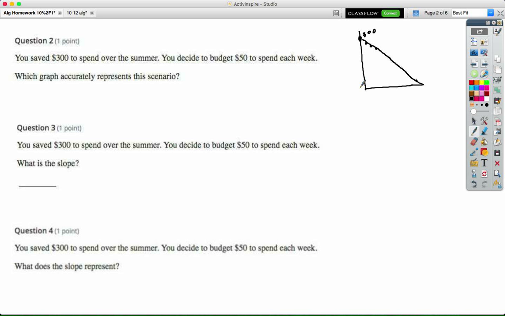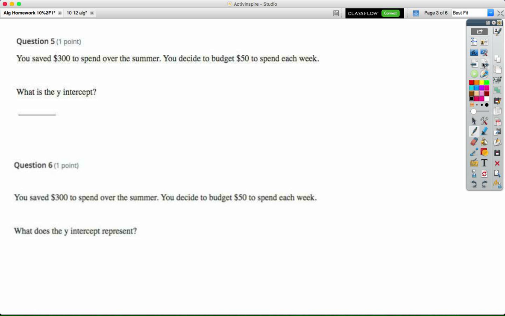Question 3, what is the slope? Well, the slope is a negative 50. You say, what does the slope represent? It's the amount of money spent each week. Even if you said she spends $50, I spend $50 every week, that's similar, that's acceptable.